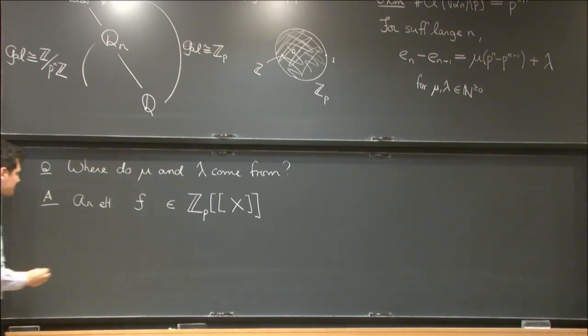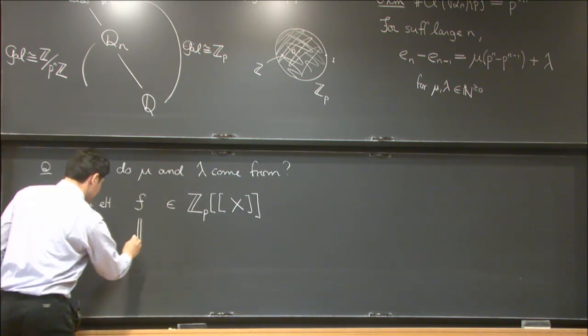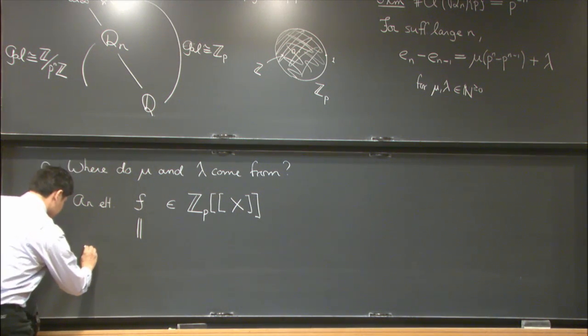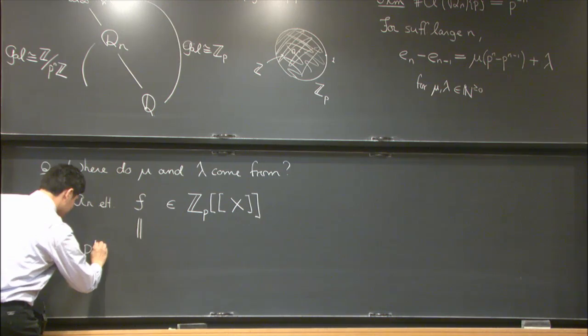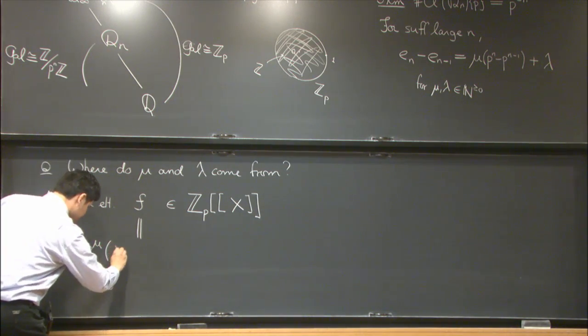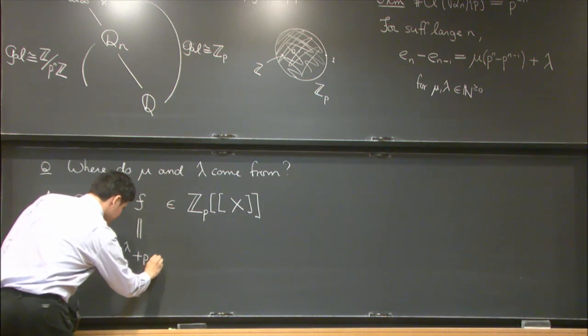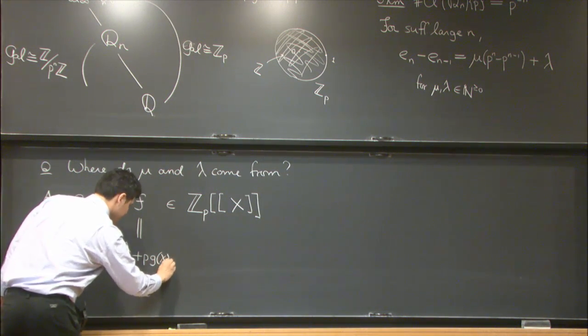And it turns out that whenever you're given such a power series, you can factor this into a product of the form p to the mu times some monic polynomial x to the lambda, where the other coefficients are small.